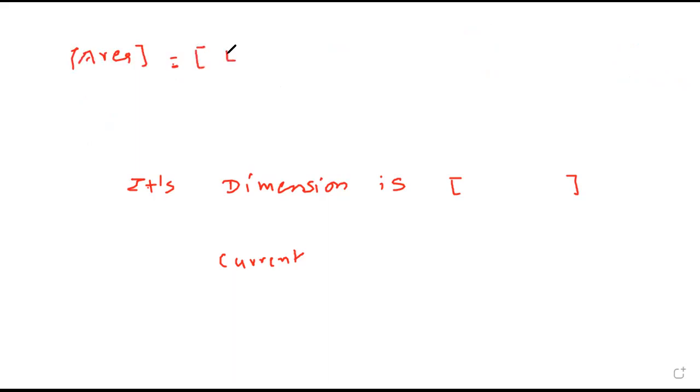M0 L2 T0. Not present means raised to 0. So generally we write the answer in MLT, and not present we write 0. What is the dimension of force? M1 L1 T minus 2.